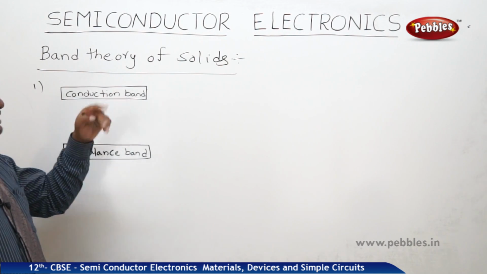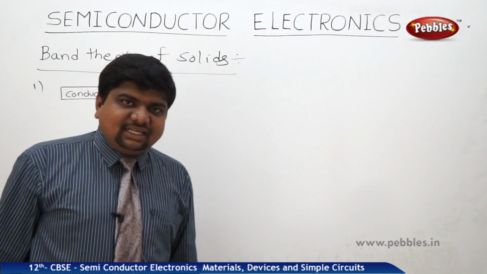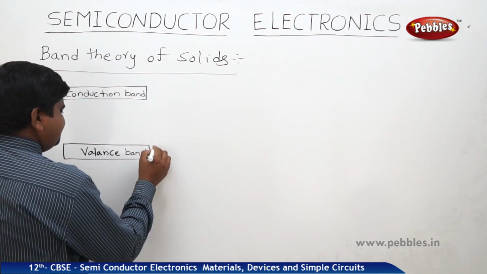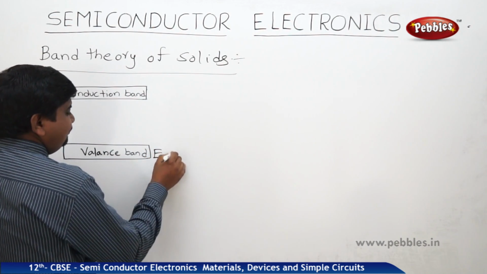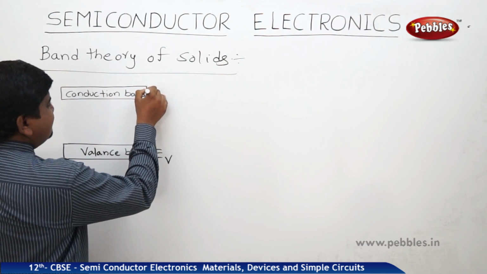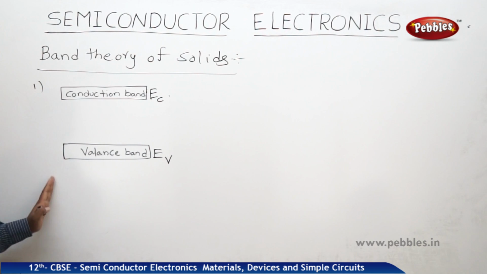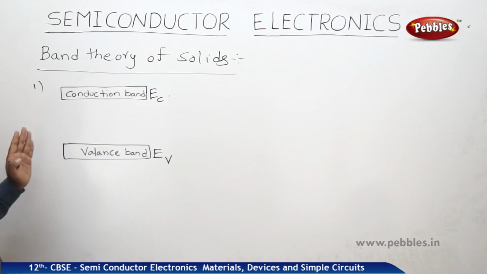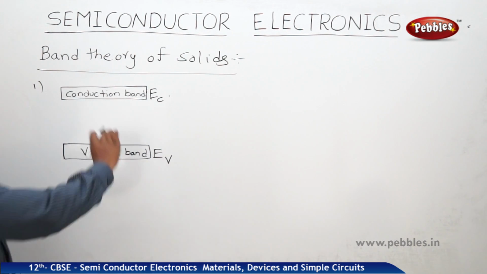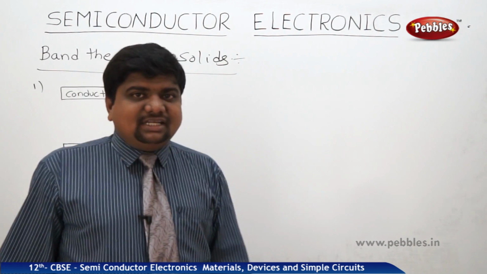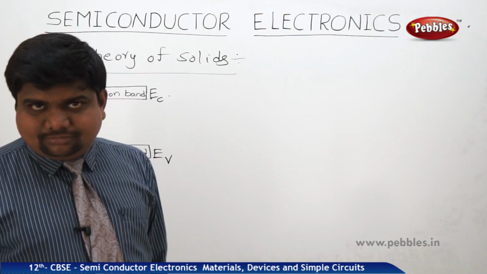That's why the energy level filled with the conducting electrons is called the conduction band. The energy of the valence band is EV, and the energy of the conduction band is EC. This is a simple block structure of the bands between the atoms. This gap plays the key role in classifying the solid state materials by electrical nature.